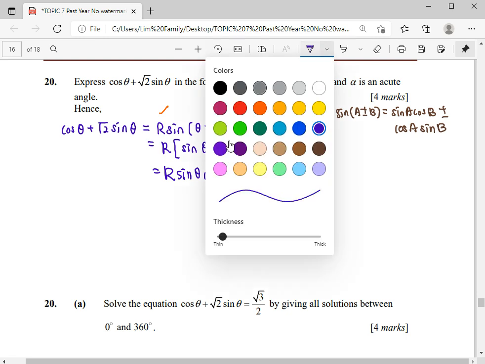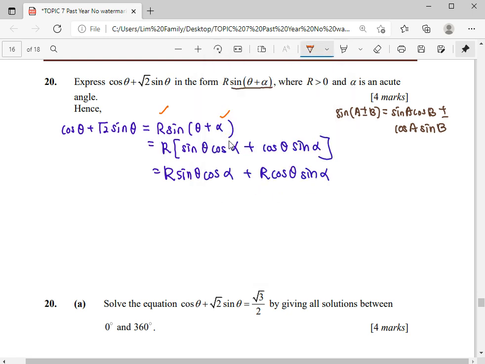How to build these two equations? We compare back to the original form, cos theta. Here we don't have cos theta, our cos theta is here. So the coefficient of cos theta is 1. What is the thing multiplying cos theta here? It is 1. We can't see it, we didn't write the 1 here, but it has a value of 1.